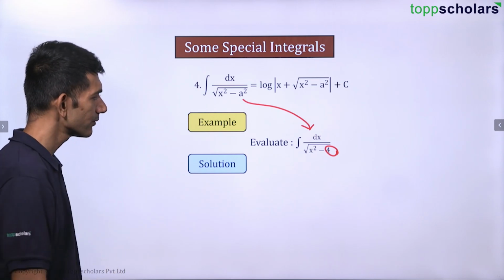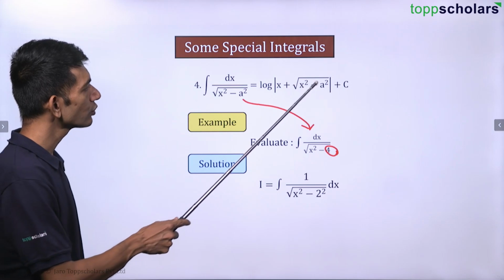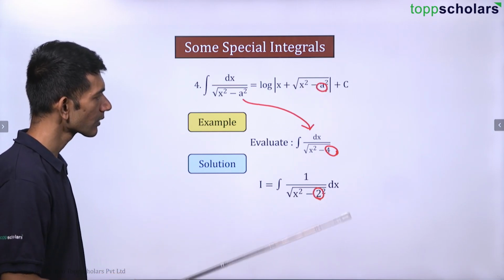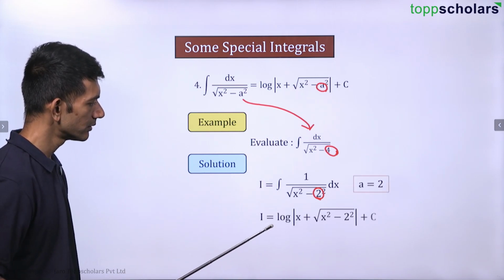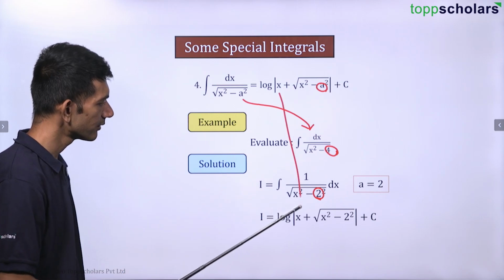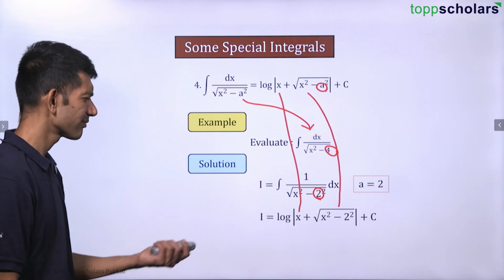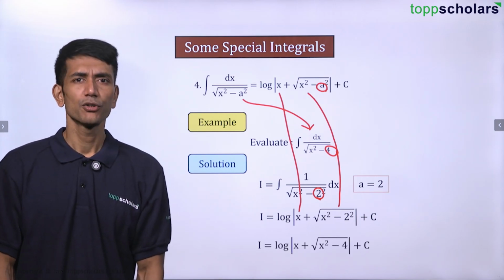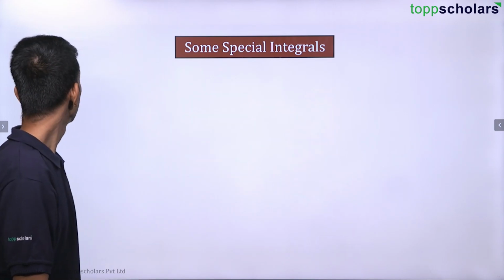So we have 1 by under root x square minus 2 square. Wherever you have a, there you will put 2. So this becomes log of x plus under root x square minus 2 square, that is x square minus 4, plus c. I hope this part is clear to all of you. Simple. Okay. Let's continue further.